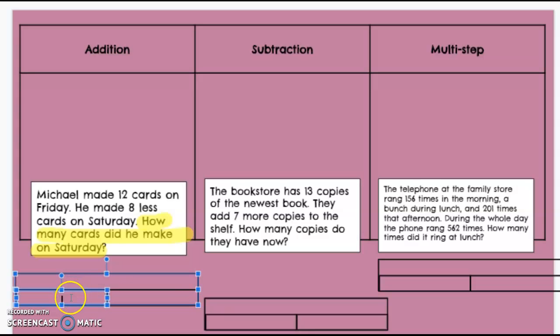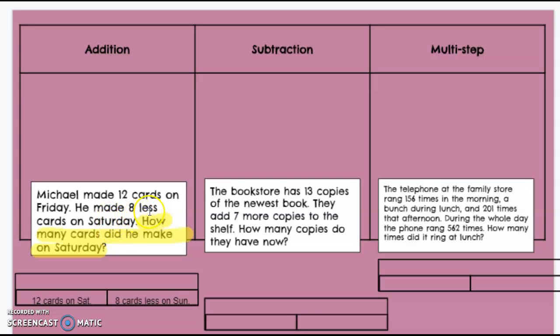So I have one part is 12 cards on Saturday, and I'm going to abbreviate Saturday, and 8 cards less on Sunday. Okay, so if I'm looking at this strip diagram, this tells me that I'm going to add 12 and 8 to give me how many cards he made on Saturday. Does that make sense? Is that a reasonable answer?